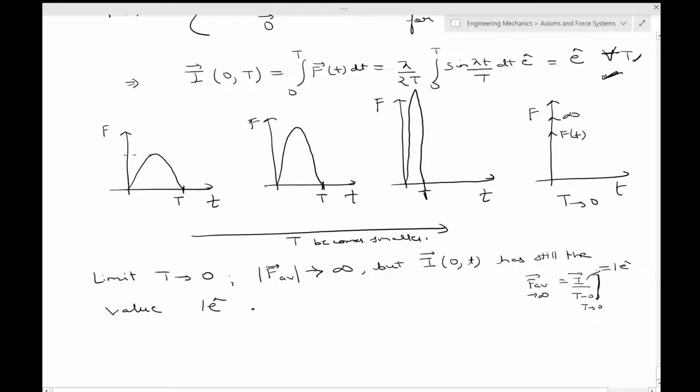The value of this I is independent of the duration T. So even for this limiting case T, the value will only be equal to 1E at t equal to 0.